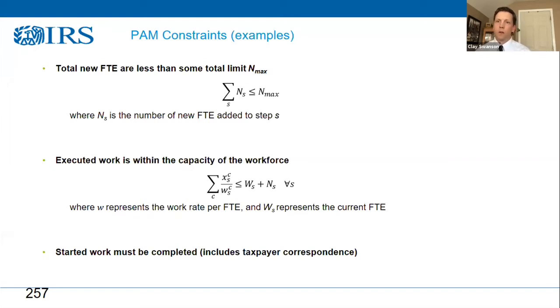And especially phone calls, other types of taxpayer correspondence. We need to be able to ensure that there are FTE available to allocate to these downstream steps, so that we're able to finish the work that was started in a different step. Next slide, please.